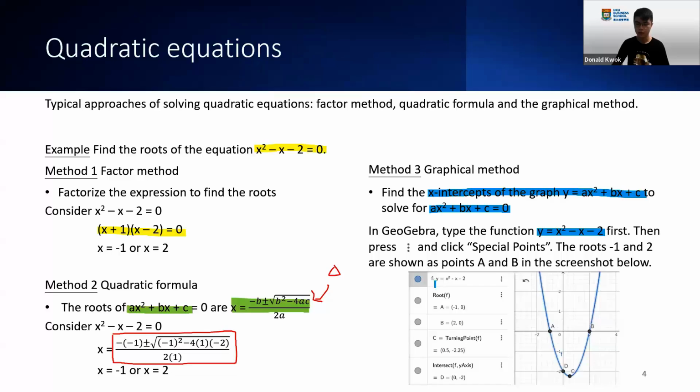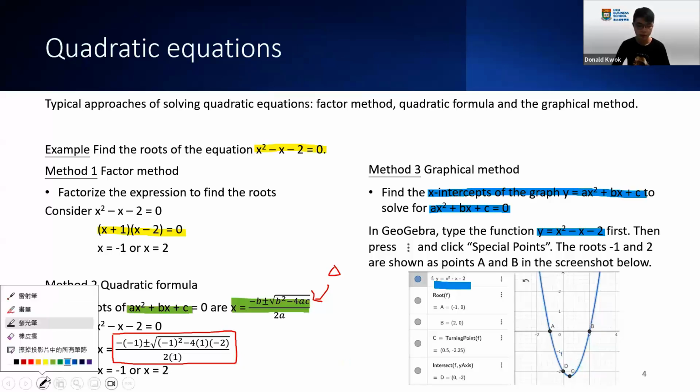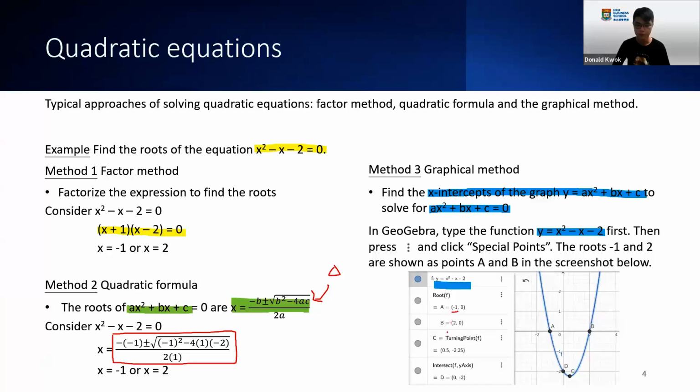Putting this in GeoGebra, we have the quadratic graph. The x-intercepts of the graph give the roots of the quadratic equation, so we have the solution -1 or 2. These are the typical approaches to solve quadratic equations.